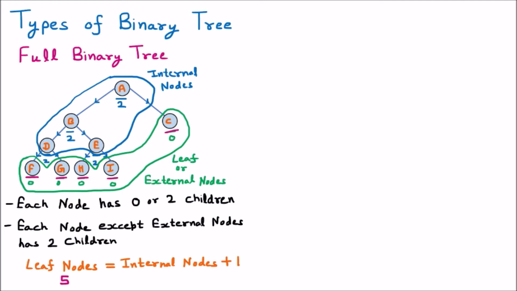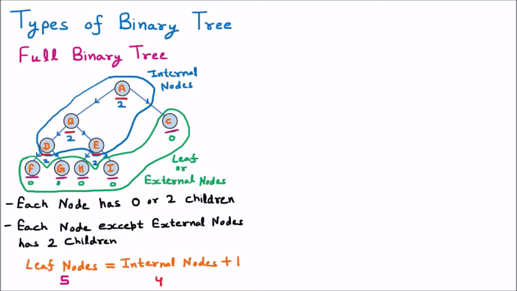Then counting the internal nodes, 1, 2, 3, 4, so there are 4 internal nodes. So the formula is justified: 5 is equal to 4 plus 1. This formula is only applicable for the full binary tree. In the full binary tree we have learned that each node is having 0 or 2 children.